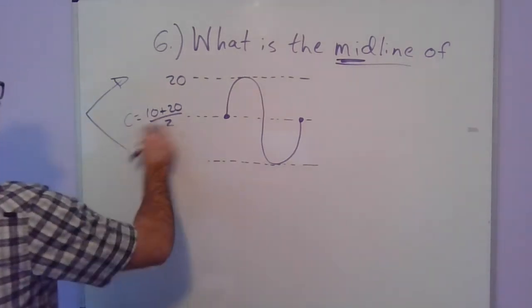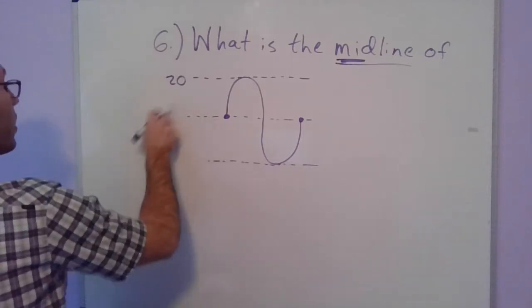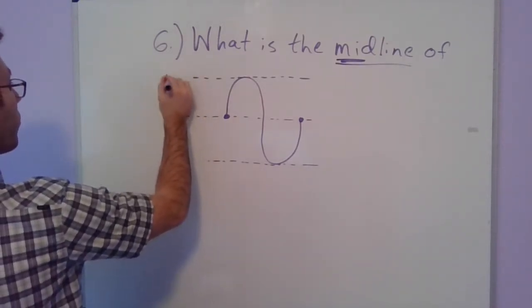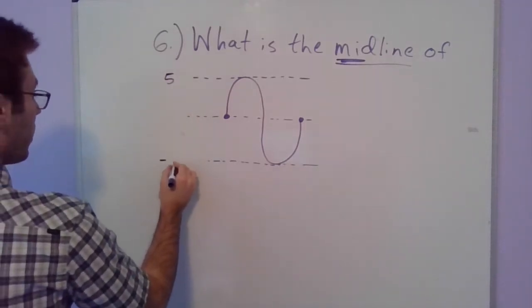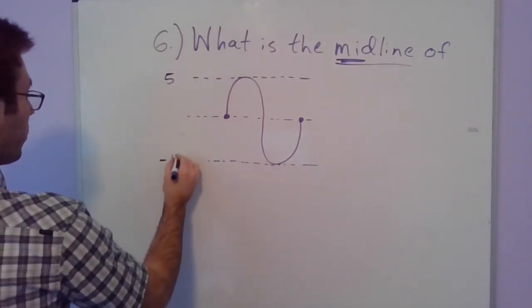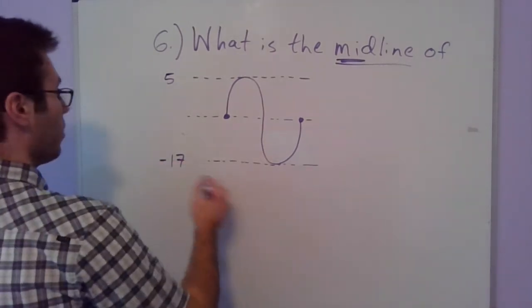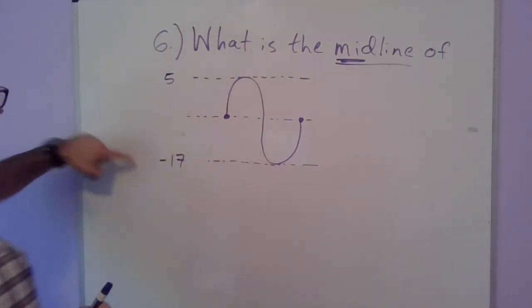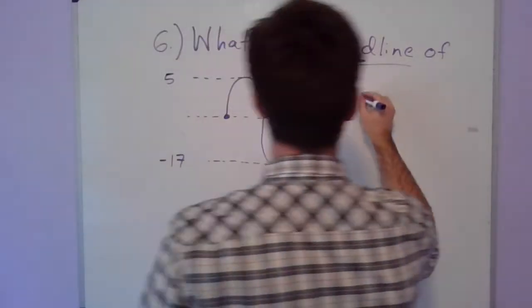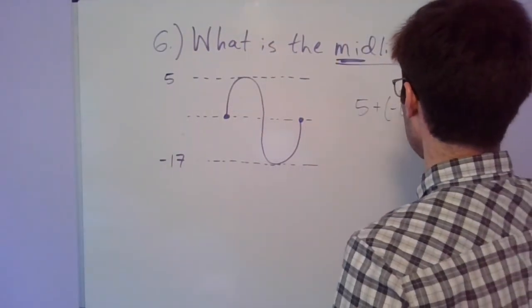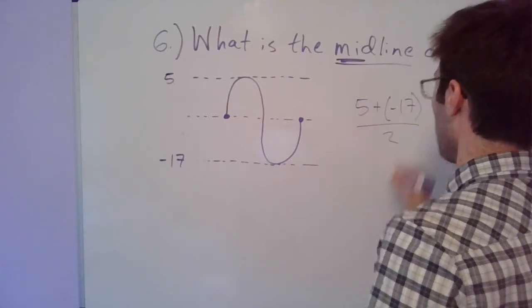For instance, you could have, let's try, let's make this 5. Let's make this negative 17. All right, so that one's a little trickier. You could try and count them, but we're just going to do the average of the outside values. So here it'd be 5 plus a negative 17, divided by 2.